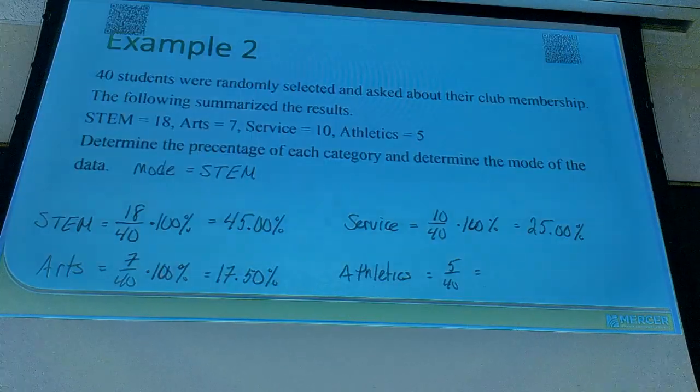And then athletics. 5 out of 40. Twelve and a half.